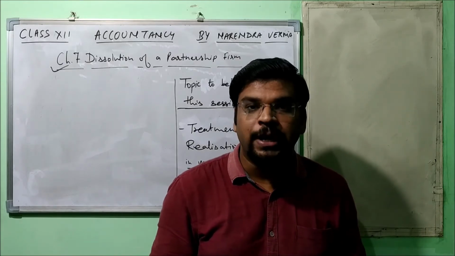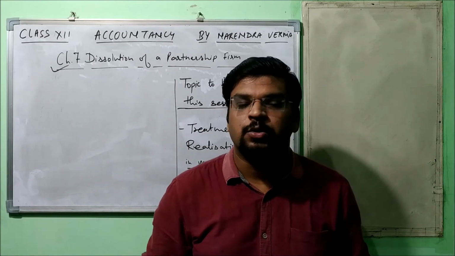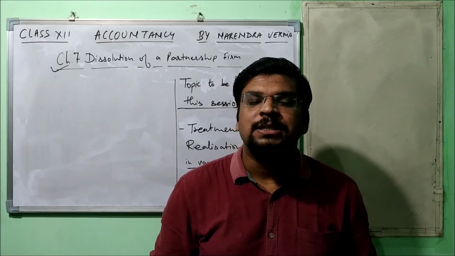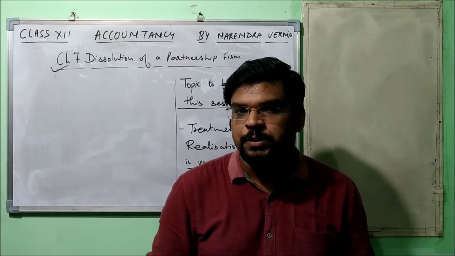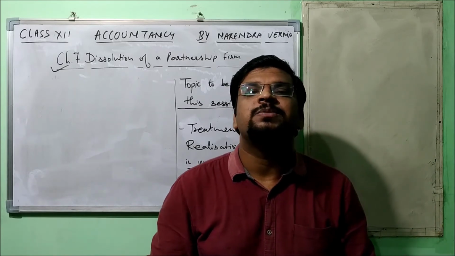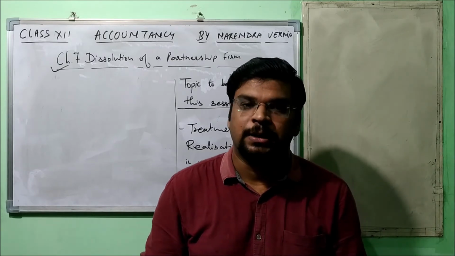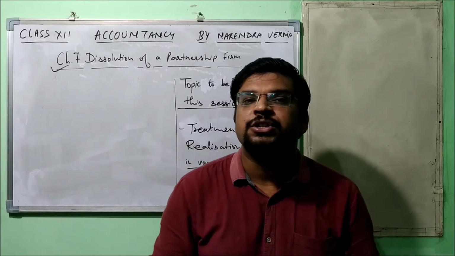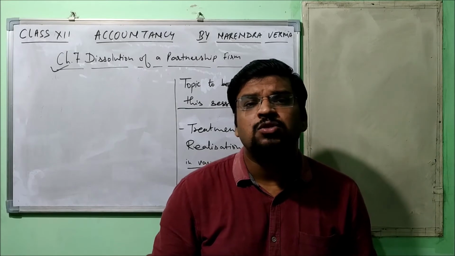They do bidding and thereafter the assets are sold to that particular person, and whatever amount is realized after selling the assets is utilized for paying the third party liabilities. For running this process, some kind of expenses are incurred, and all these expenses are known as realization expenses.